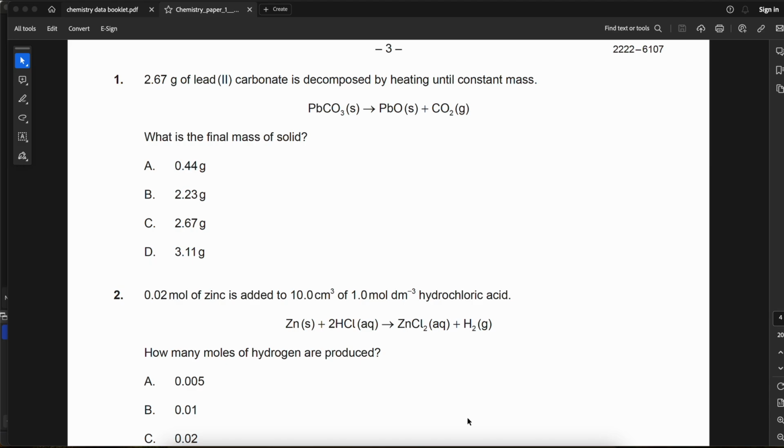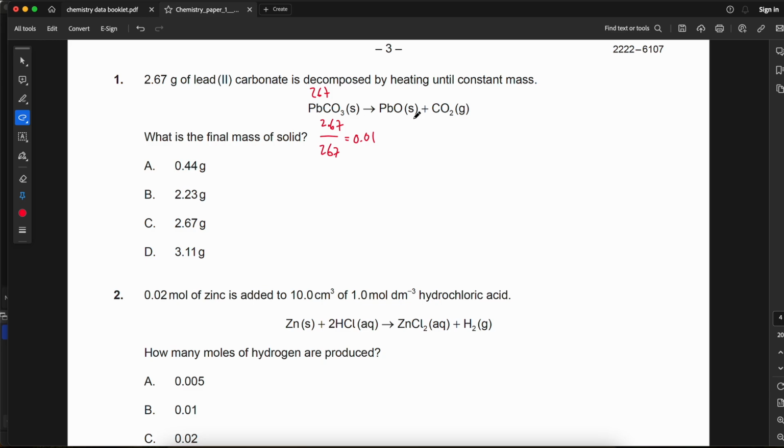2.67 g of lead carbonate is decomposed by heating until constant mass. So the mass of lead carbonate is 2.67 gram with molar mass 267. So you can get the mole number, which is 0.01.